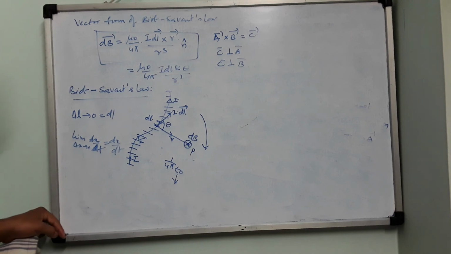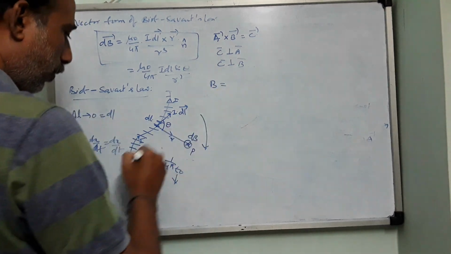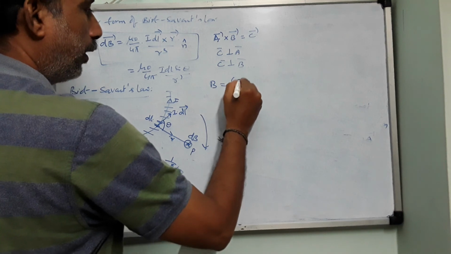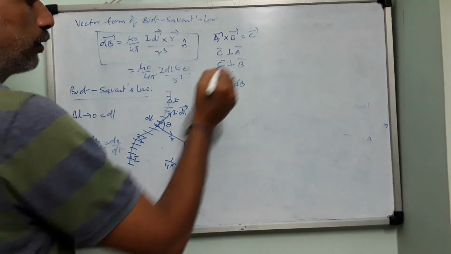This is the magnitude of the magnetic field. Each element will produce this much. Then you integrate from this end to this end. So the magnetic field produced by this entire curved wire is nothing but integral dB. If you know the limits, there will be a definite integration from this limit to this limit.